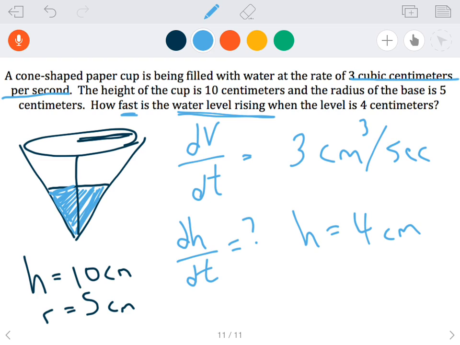This looks like some extra information. We'll see if I'm going to use that later. I need a formula that will relate volume and height of a cone. I need the volume of a cone, which is 1/3 pi r squared h. Now here's the issue.